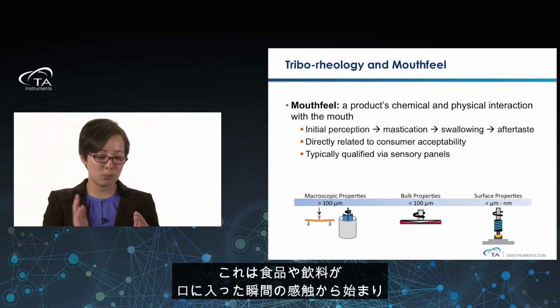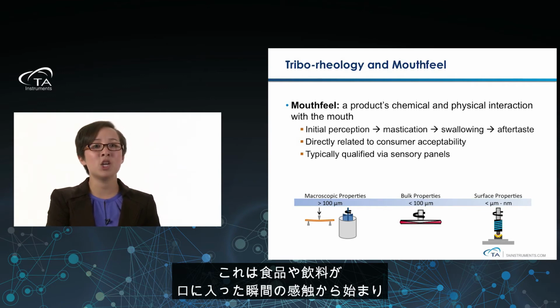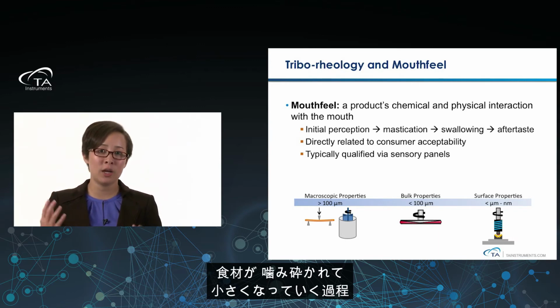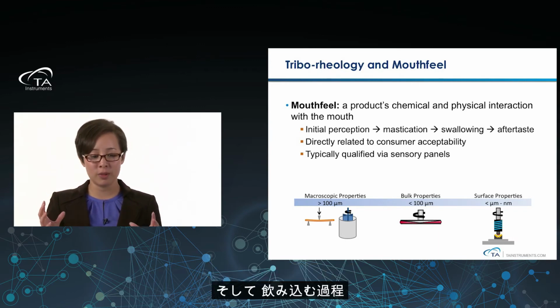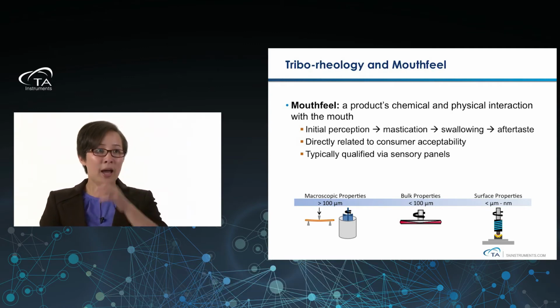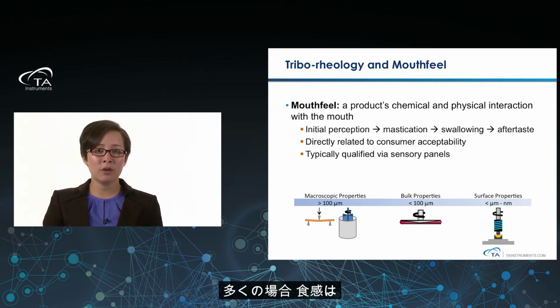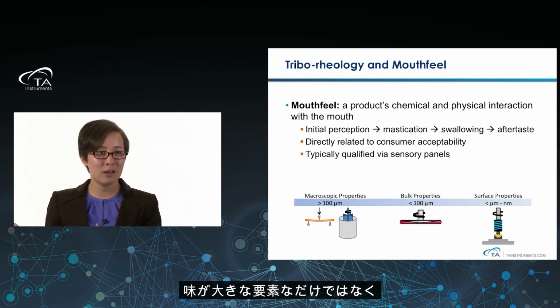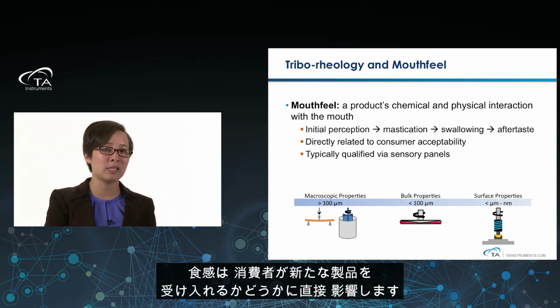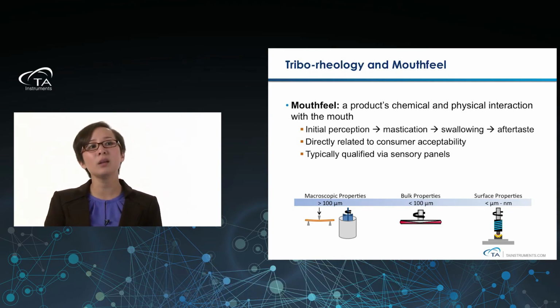This pertains all the way from the initial perception when that food or drink first enters the mouth, to mastication as it's being chewed and moving from a large material down into smaller length scales, down to swallowing, and then even the aftertaste of what remains, those thin films that remain in the mouth afterwards. And not only is taste a big factor, but mouthfeel is directly related to whether a consumer will accept a new product or not.